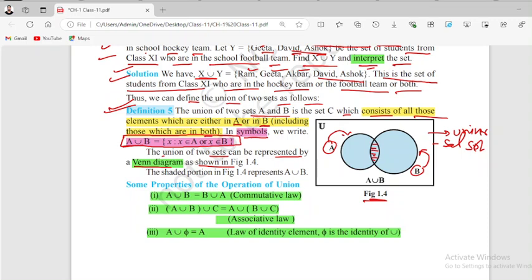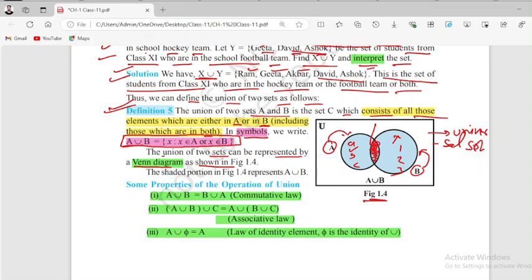Elements that are common will come in this common part. Suppose some elements are present in set A but not in set B, those come here, and if some elements are not present in A but present in B, they will come here. Those common to set A and set B will come in the common part.